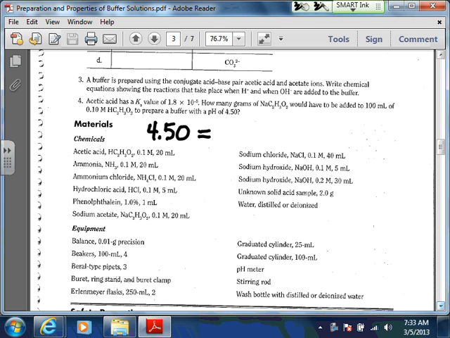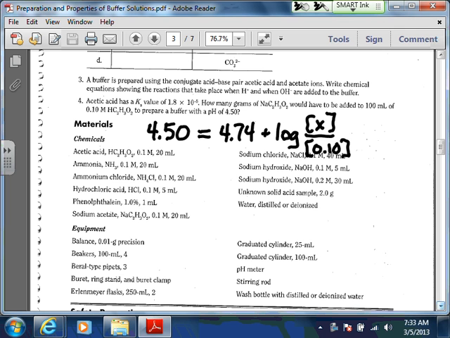If you take the negative log of the 1.8 times 10 to the negative fifth, yeah, 4.74. So that's your pKa plus the log of the base concentration over the acid concentration. Now we know the acid concentration here, so our base concentration is essentially our X here, over 0.10.